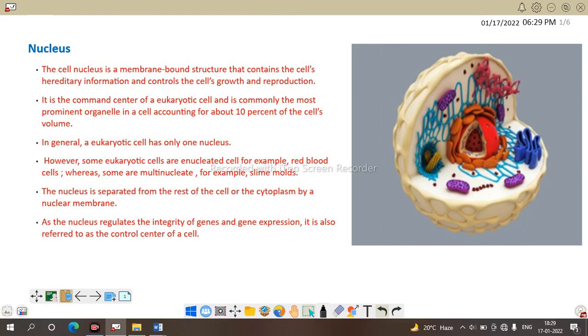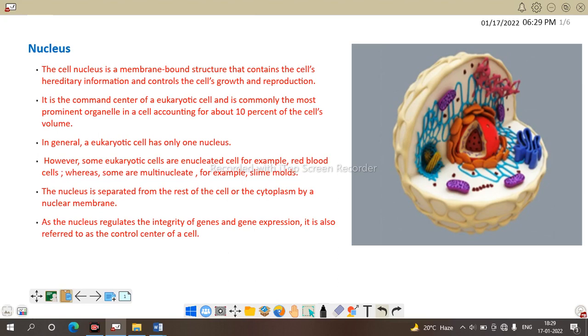In this video we are going to discuss the nucleus, which was discovered by Robert Brown in 1831. The nucleus is known as the brain of the cell.